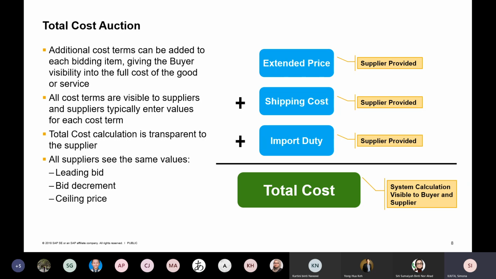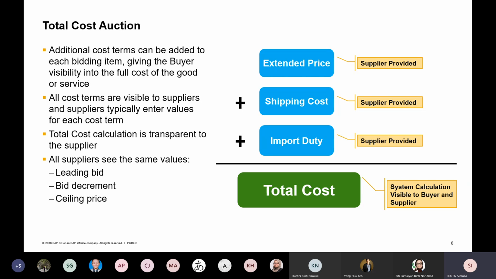The total cost is the competitive term in the auction. So the ranking, the best leading bid, everything that you decide to show will be based on the total cost. So the calculation is transparent to the suppliers, and all suppliers will see the same values of the best leading bid if you choose to show it.